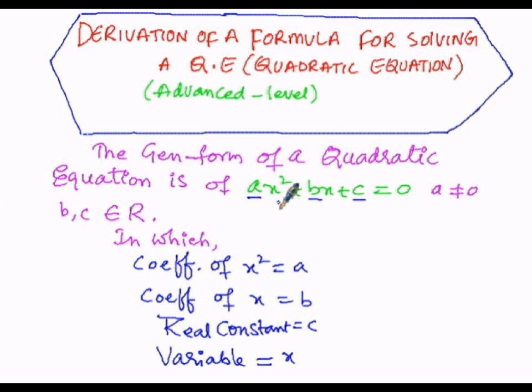That formula is nothing but x equals to minus b plus or minus root of b square minus 4ac overall divided by 2a. So in this, there are two roots. One is minus b plus root of b square minus 4ac by 2a. The other root is minus b minus root of b square minus 4ac by 2a.